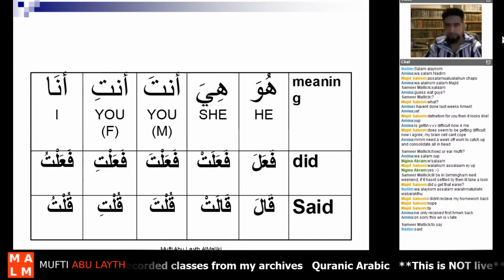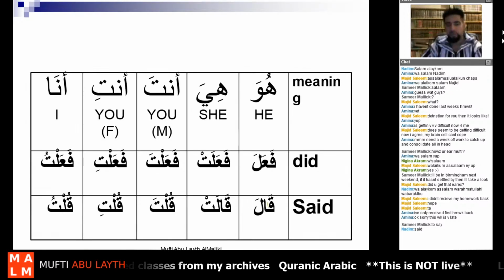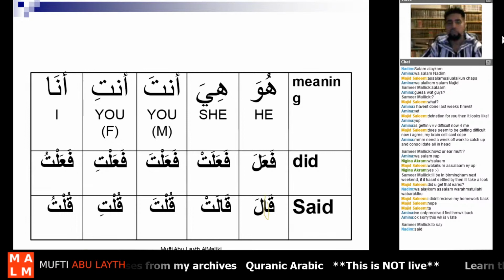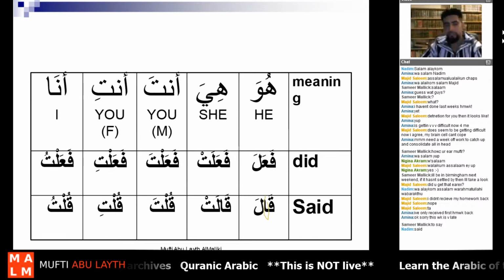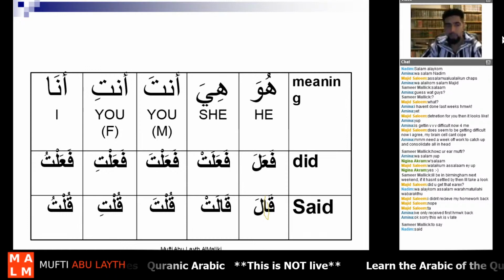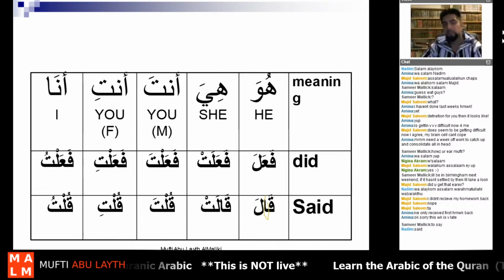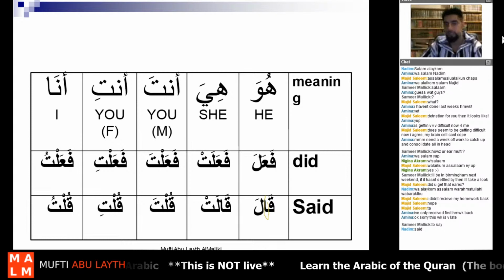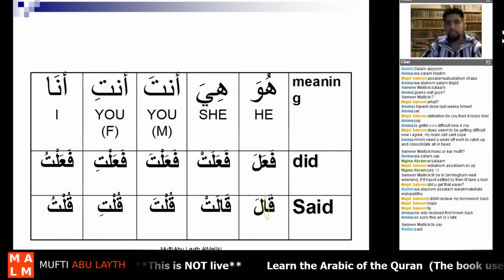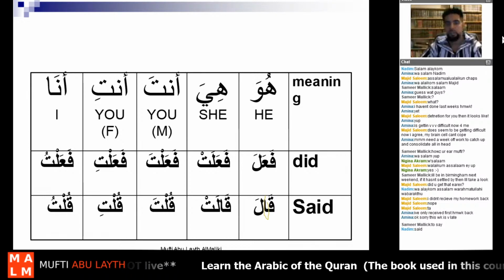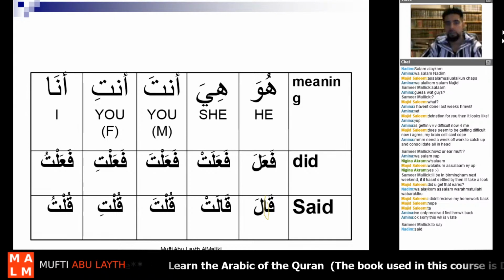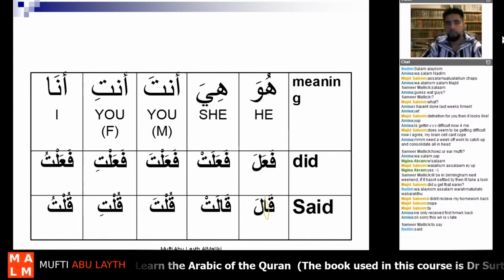Hollowness is dropped, and it's kind of merged on. And we use the vowel which resembles the missing letter. In this case, we spoke about here that you have three vowels, fatha, or some of us probably know it as zabar, pesh, and zer.